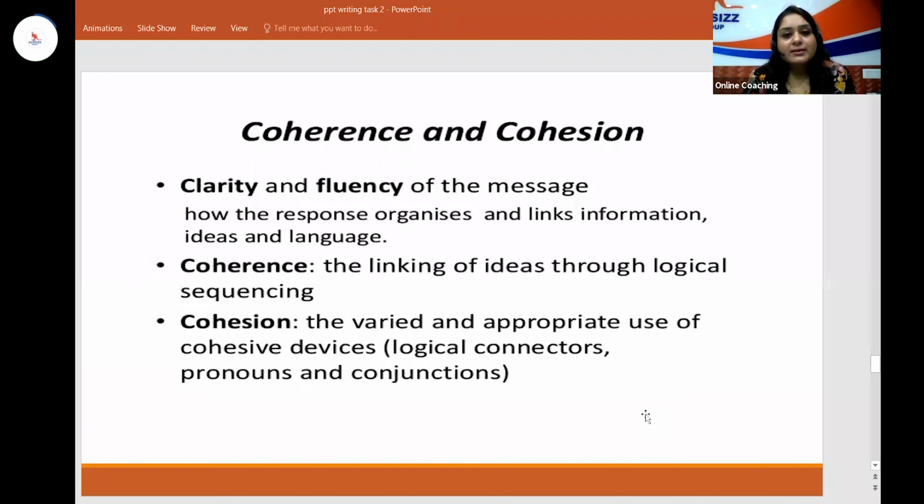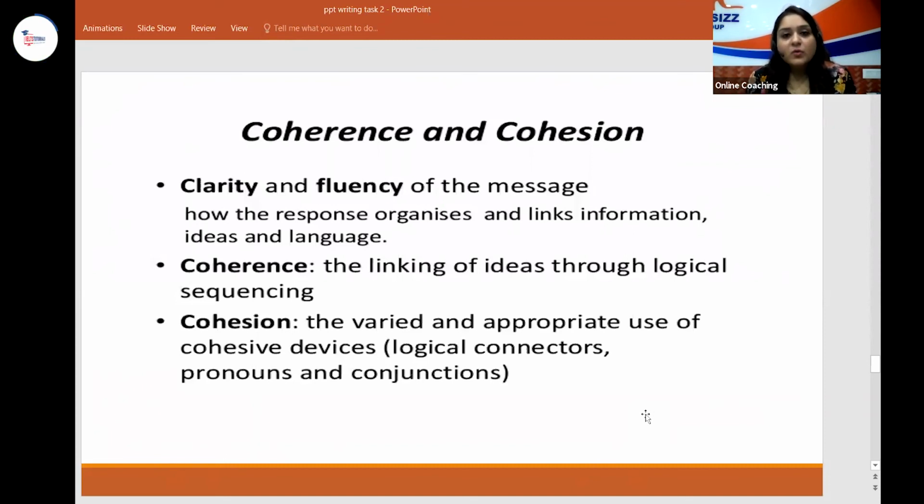And cohesion is actually what I say to my students, that it is actually a glue. Simply the connectors, the pronouns, the conjunctions. So cohesion is actually important, where your thoughts are added in the form of connectors, by connecting one idea with the other, by having the cohesive device, that is called a linker.